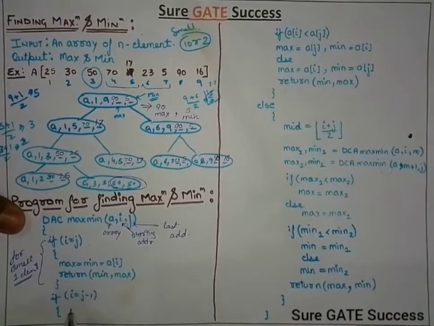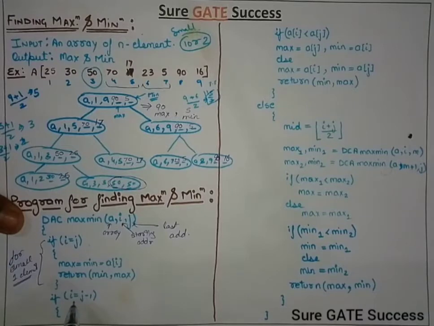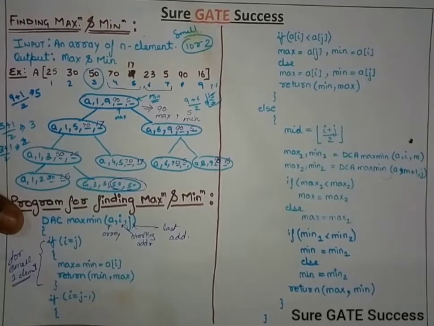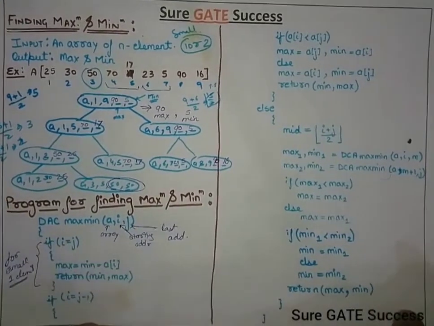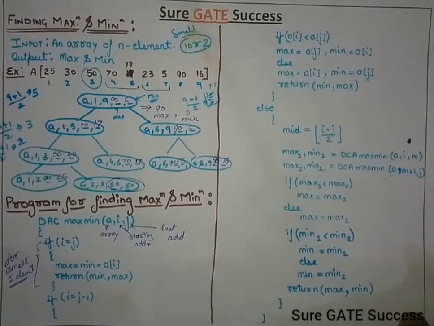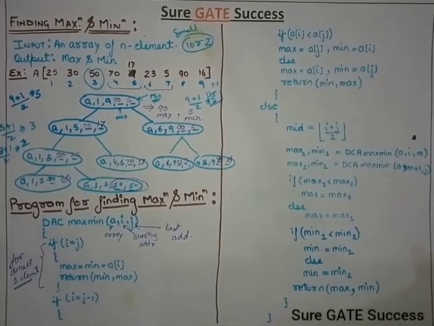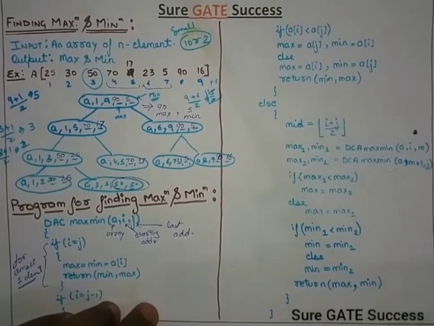So now we take the other part. If i is equal to j minus 1, that is, if there is only one element next to the ith position, that means there are two elements. If there are two elements, what do we have to do? We have to compare those two, to see which is the maximum and which is the minimum.